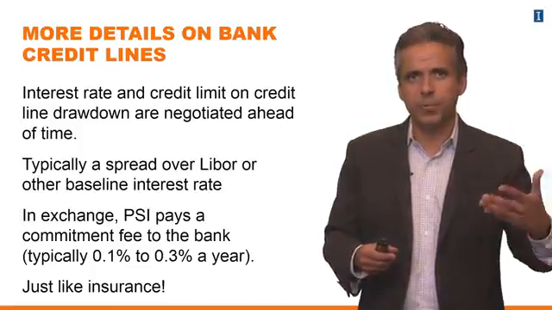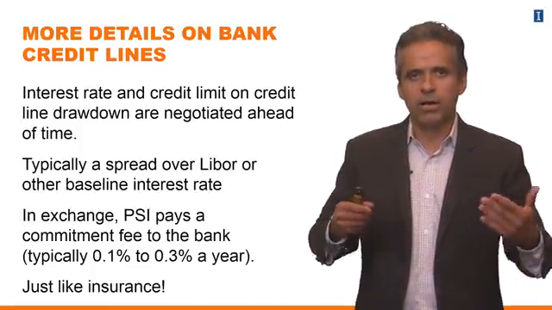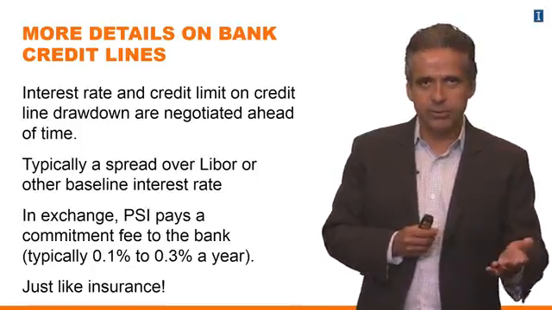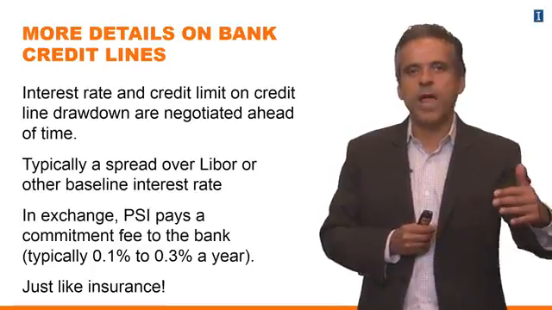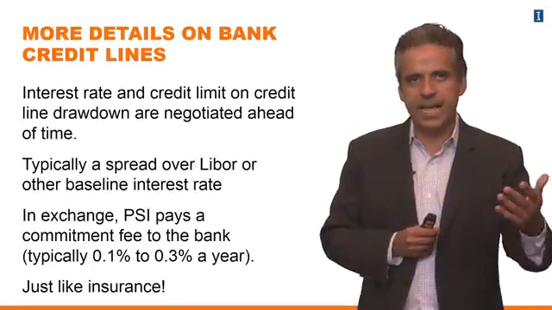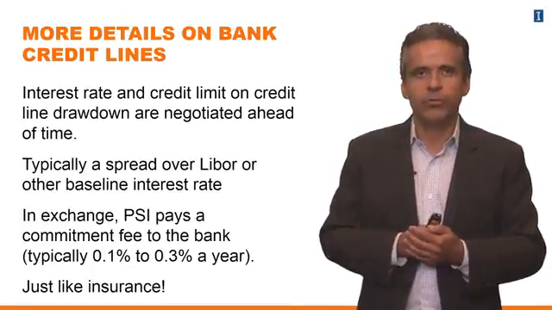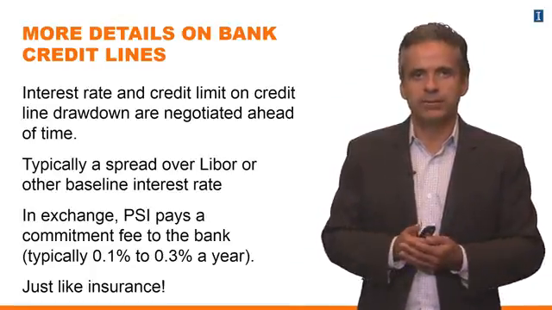So it's typically a spread over LIBOR, right? So if the economy-wide interest rate changes, then the interest rate on your credit line would change, but the spread would not change. So the bank doesn't have the ability to shoot the interest rate up to the roof if the company hits a liquidity crisis, for example.